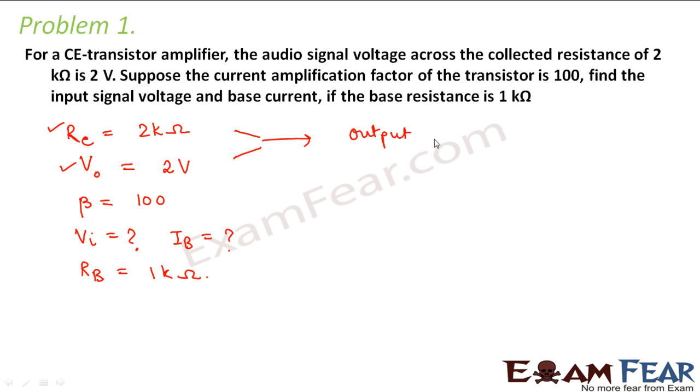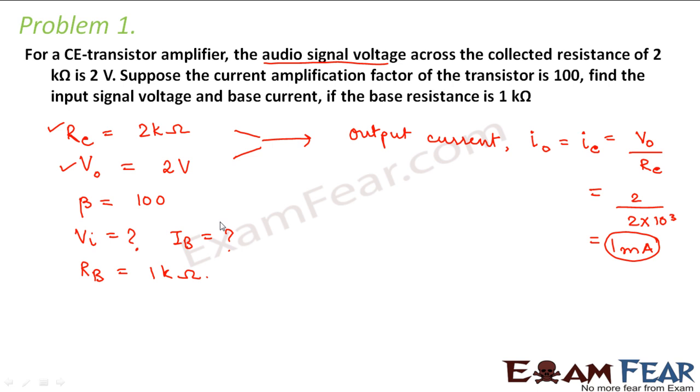It is talking about audio signal voltage, so it is talking about the AC voltage. So output current, I output or IC, will be equal to output voltage divided by RC, that is equal to 2 divided by 2 into 10 to the power 3. So this comes out to be 1 milliampere.